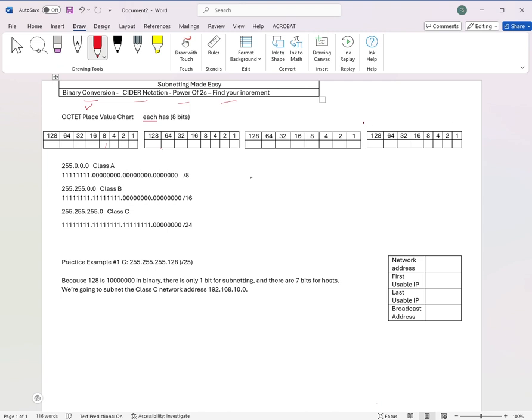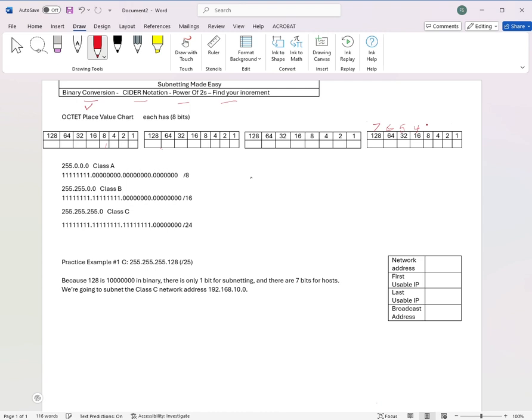Here we can see 2 is raised to the power of 7, and that equals 128. 2 is raised to the power of 6, and that equals 64. 2 is raised to the power of 5, and that equals 32. 2 is raised to the power of 4 here.